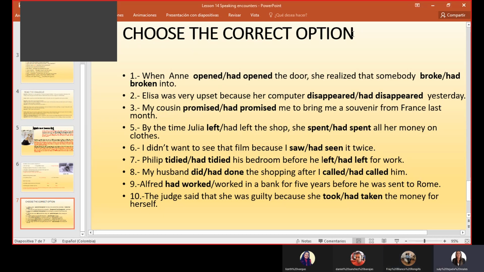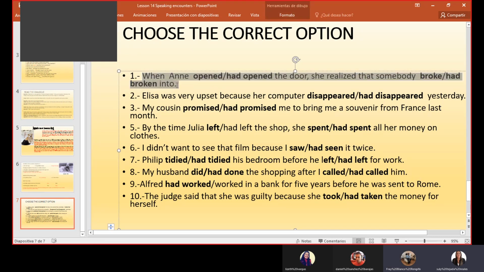Okay, you have to choose the correct answer or the correct option. I don't have internet. Fry, would you like to read this, please? Ah, pero tengo que decir enseguida la que es correcta? No, tienes que leerlo nada más. Ah, okay.